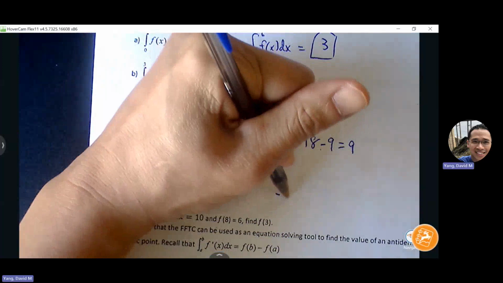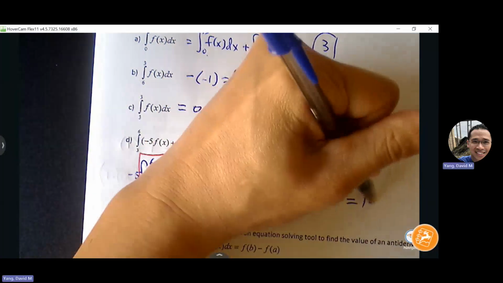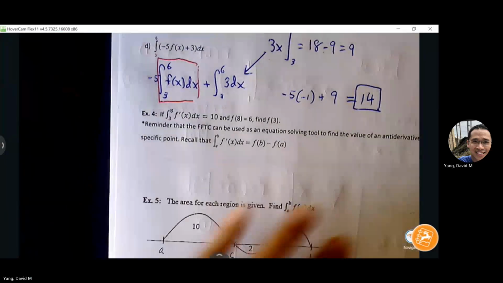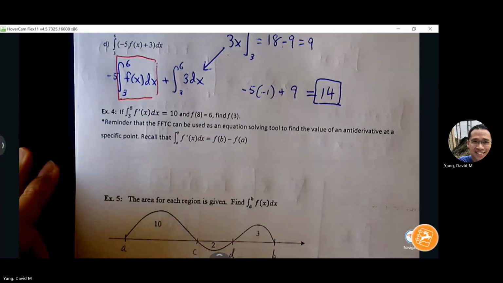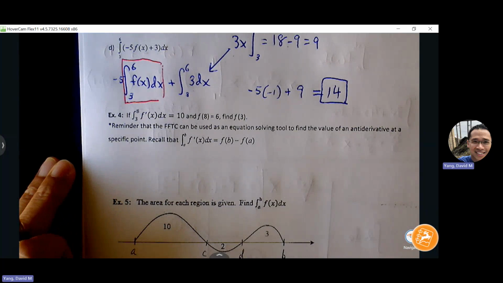So we get -5 times -1 plus 9 is 14. Is it the same thing as multiplying the function out by 5, distributing 5? Yes. Yeah.